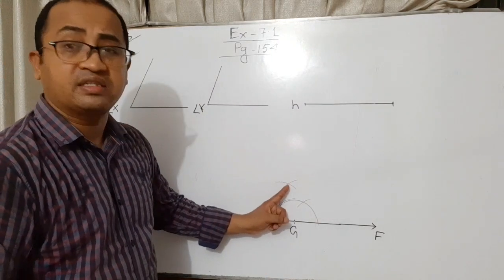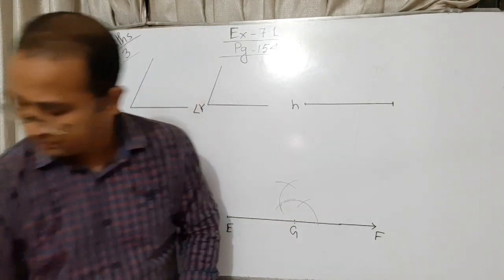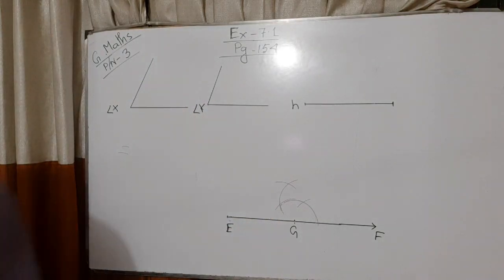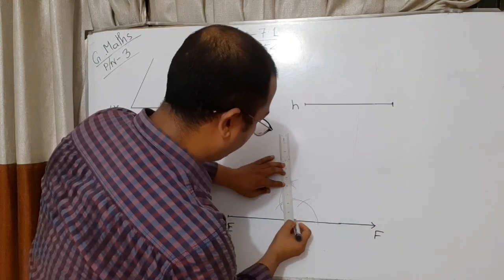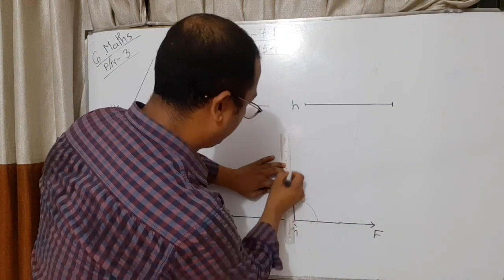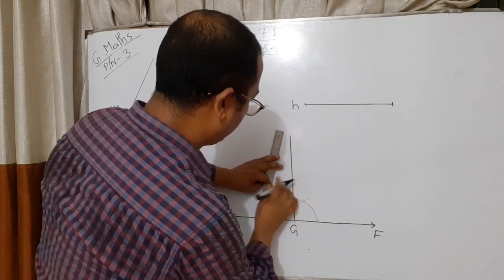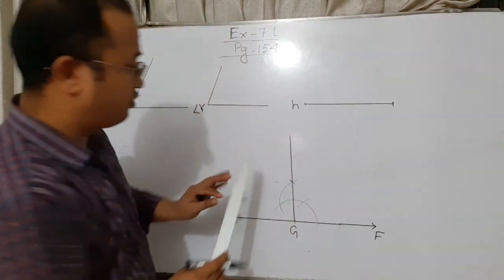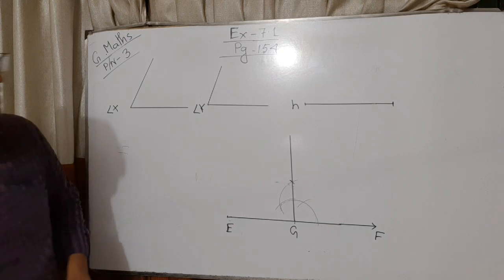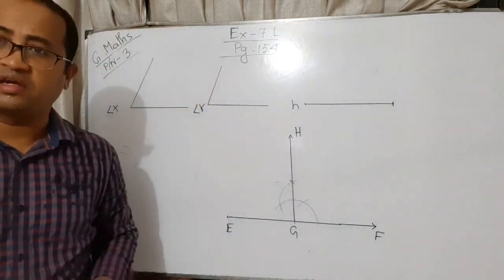These cut each other at a point. Now we join these two. Now we get a perpendicular GH. So this is the perpendicular GH.